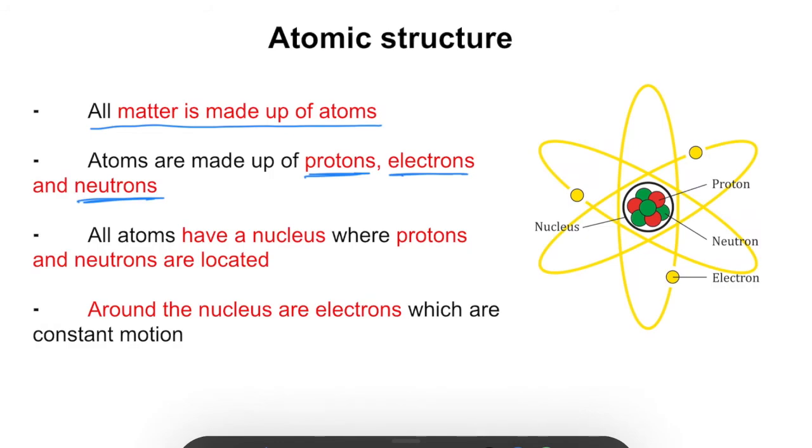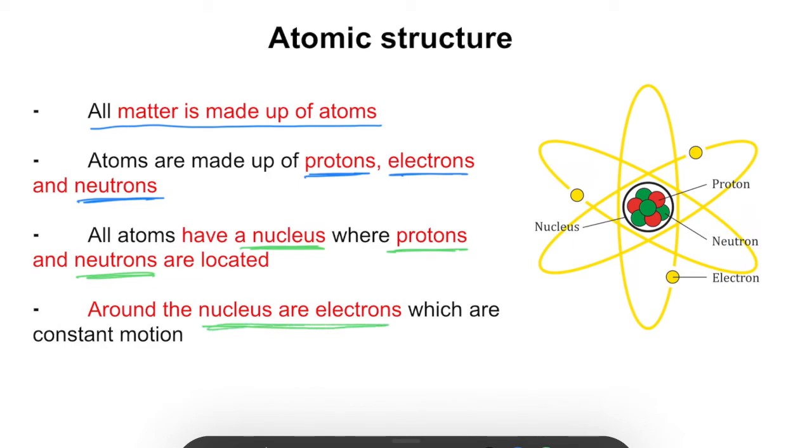Every single atom is going to have protons, electrons, and neutrons in the basic form, and the distribution of the electrons, protons, and neutrons is like this. The atom has a nucleus where all the protons and neutrons are located.